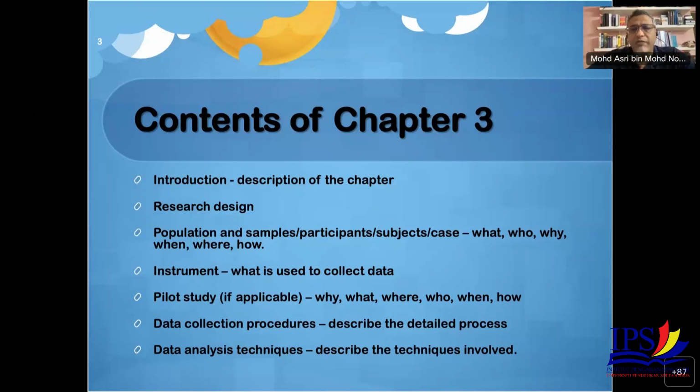You can give an overview, but not in detail of all the theories. Give an overview of the theories, but focus on the theories that you are going to use in your research and why they are relevant in your project. Right?